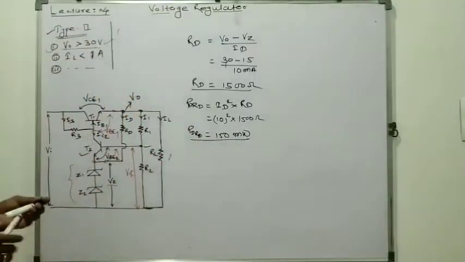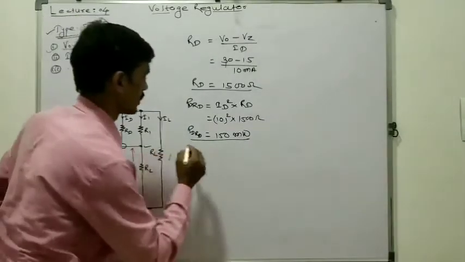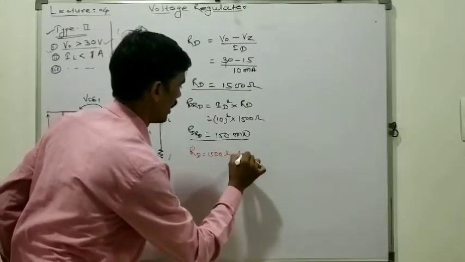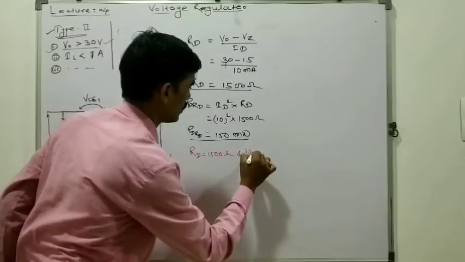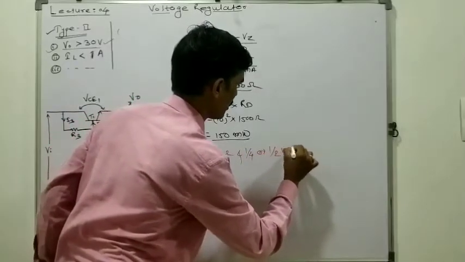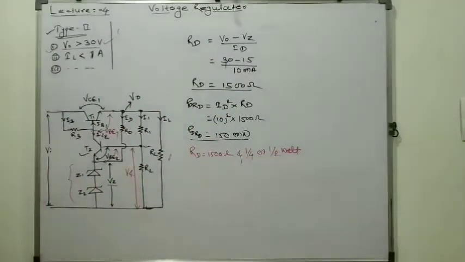So select a resistance RD with 1500 ohm and 1/4 or half watt rating. So this is nothing but the selection of these three different resistances R1, R2 and RD.